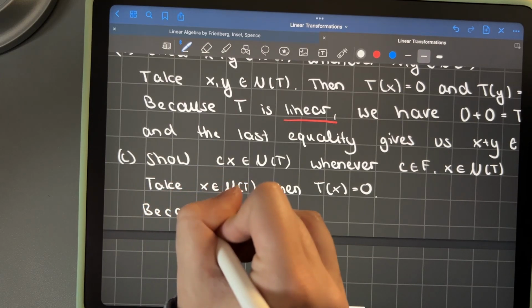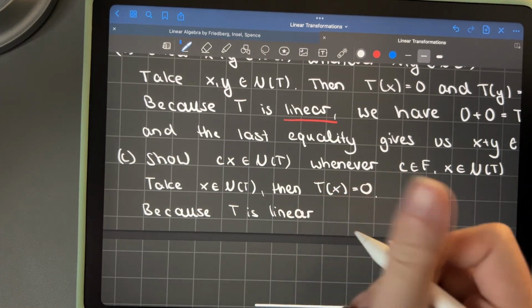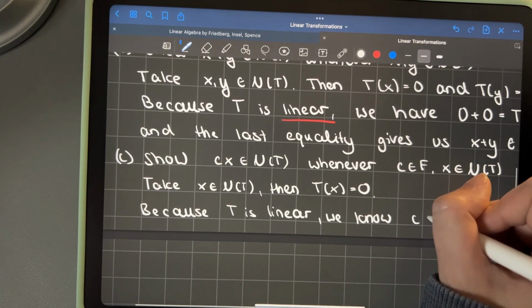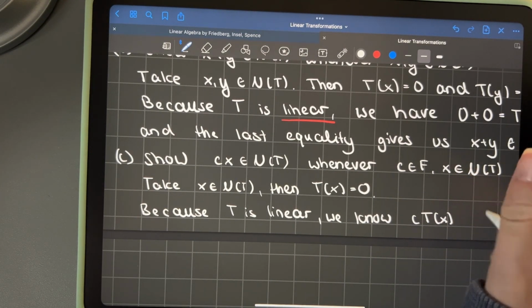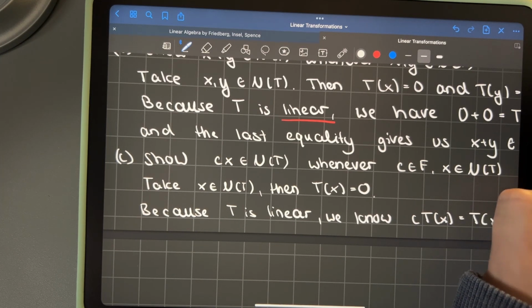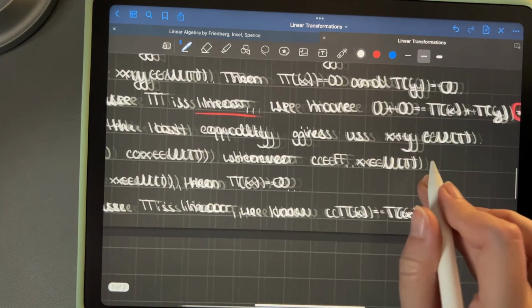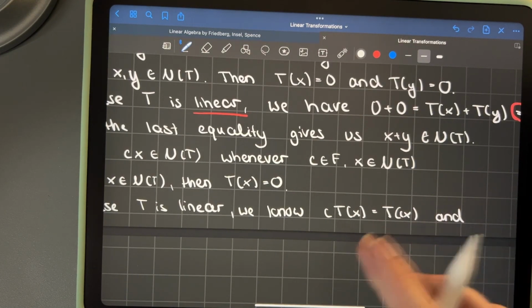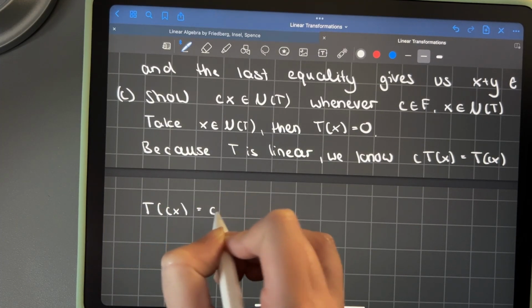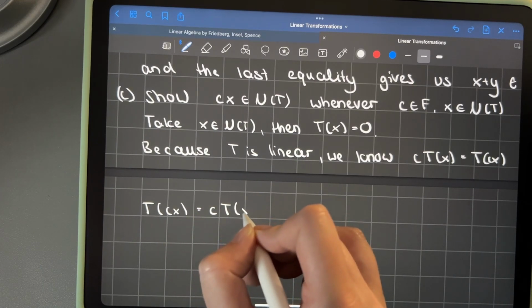and because T is linear, we know c times T of x is the same as T of cx. And T of cx is c times T of x.